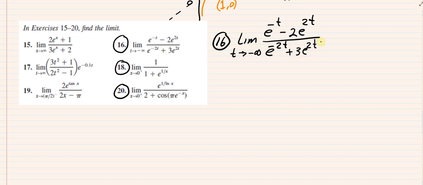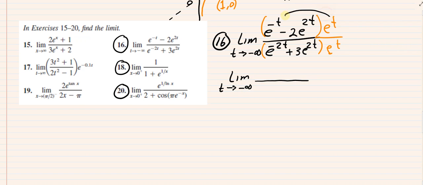So usually with limits involving negative exponents, what we do is we try to get rid of negative exponents. So in this case, I'm going to multiply top and bottom by e to t. Okay, and doing so, and distribute. So this becomes the limit as t approaches negative infinity of, when you distribute e to t and e to negative t, those multiply to e to t minus t, which would be e to 0.